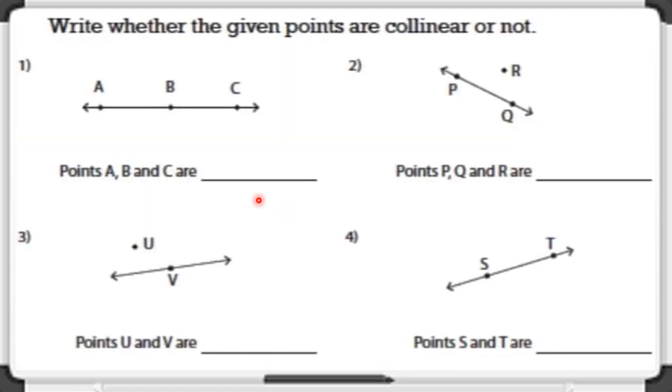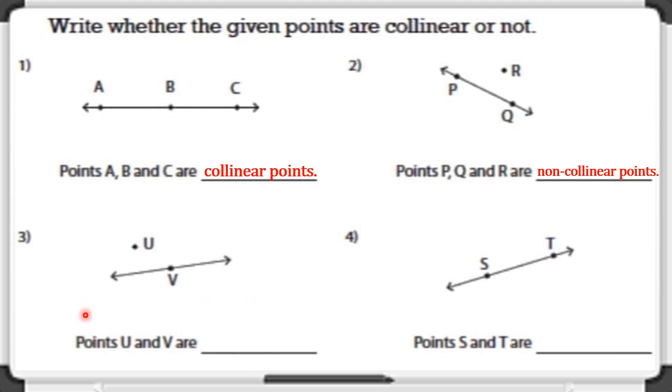Now let us identify whether the given points are collinear or non-collinear. Number 1, points A, B, and C are, yes, collinear, since these 3 lie on the same line. Number 2, points P, Q, and R are non-collinear points, since R did not lie on the same line.